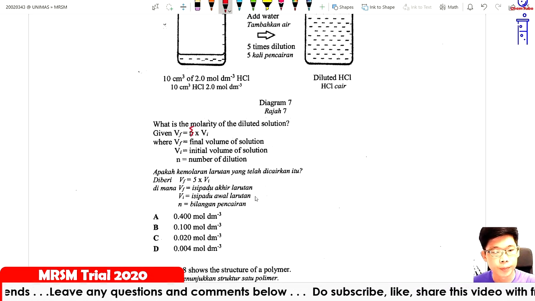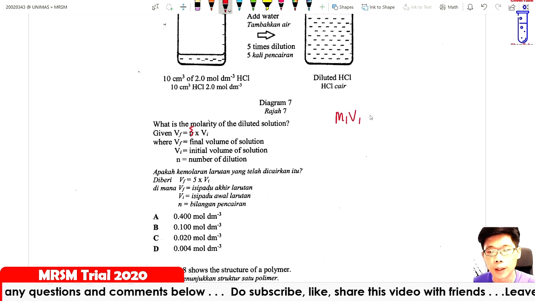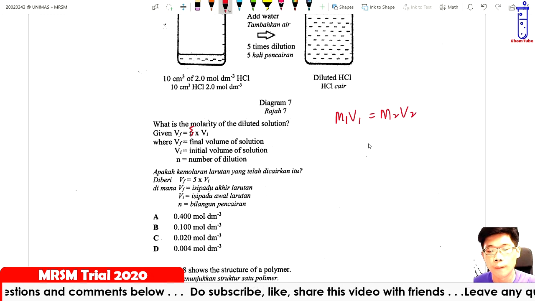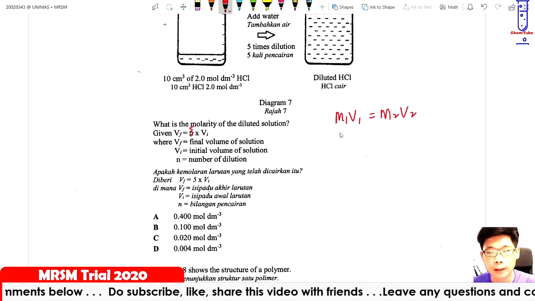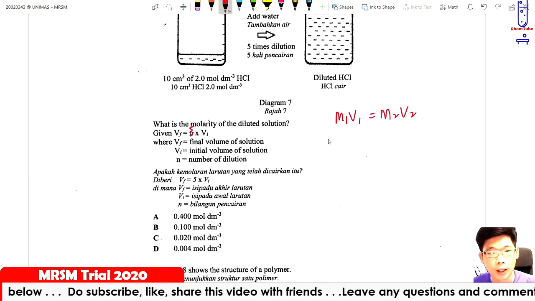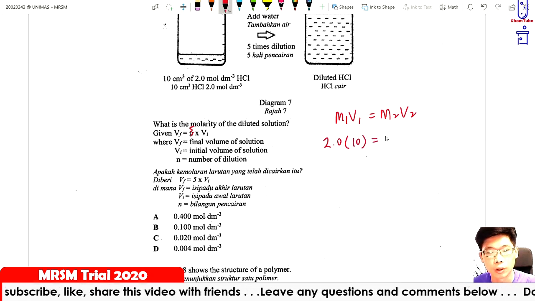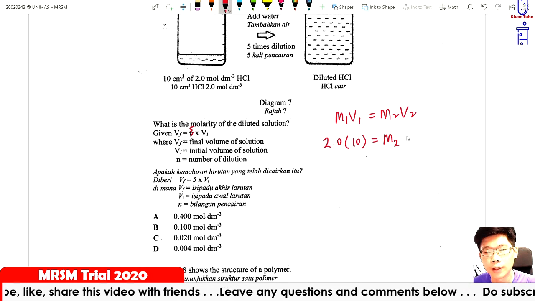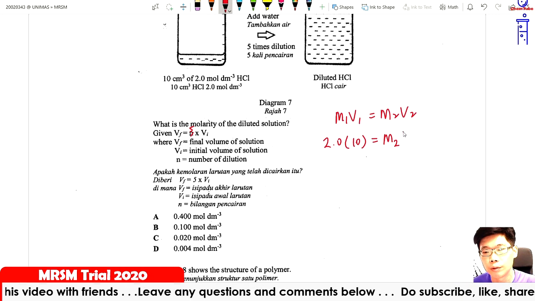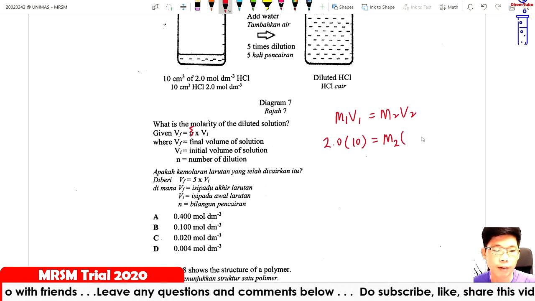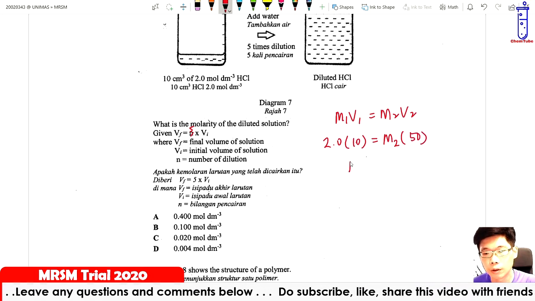Here we can use the formula M1V1 equals M2V2, where 1 is before dilution and 2 is after dilution. We replace the molarity of the acid, which is 2, and the volume, which is 10. For M2, V2 is times 5, meaning 50.